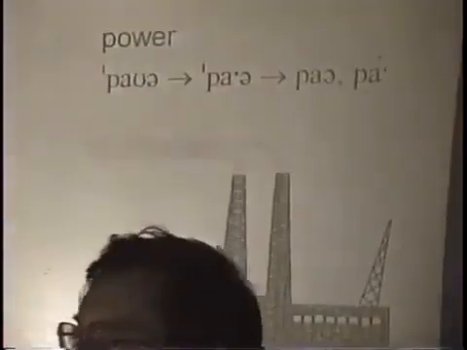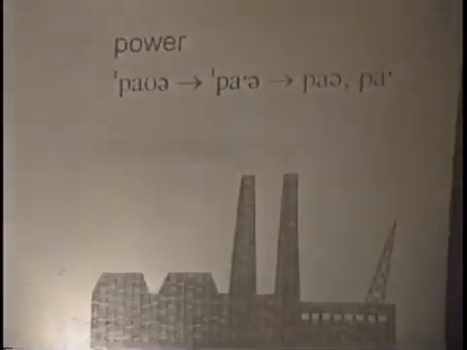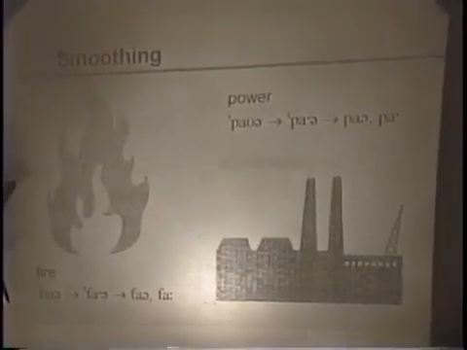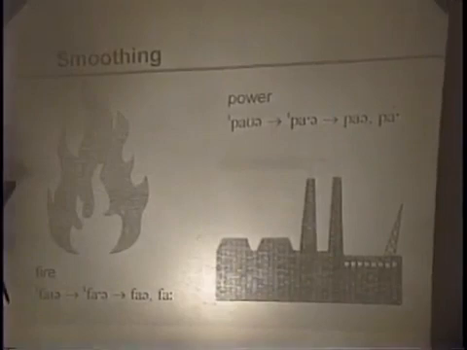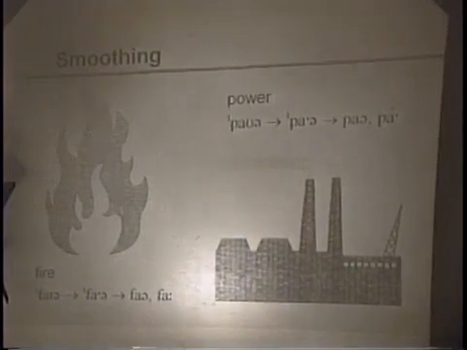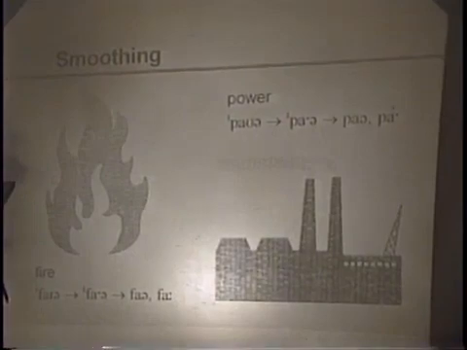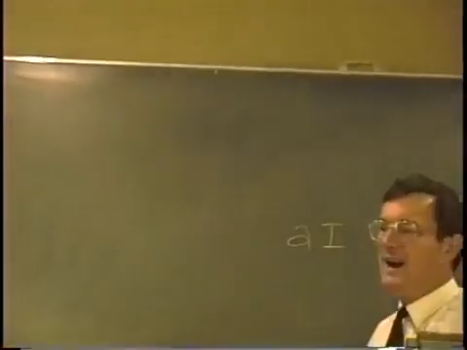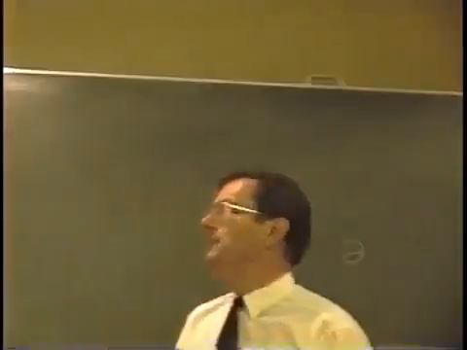Smoothing is the process whereby a diphthong may lose its second element when it's followed by another vowel. So this happens in the word "fire", where we have the diphthong "ai" followed by another vowel. In its full form, "fire" has two syllables.